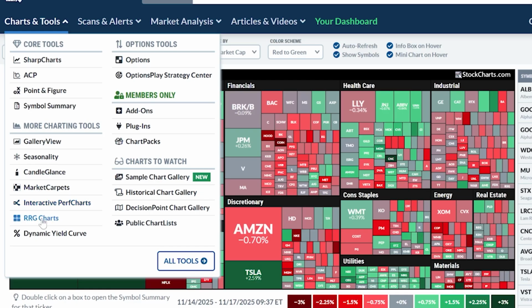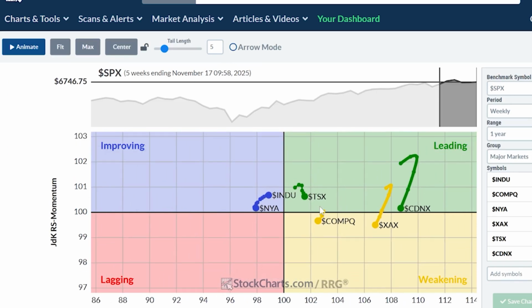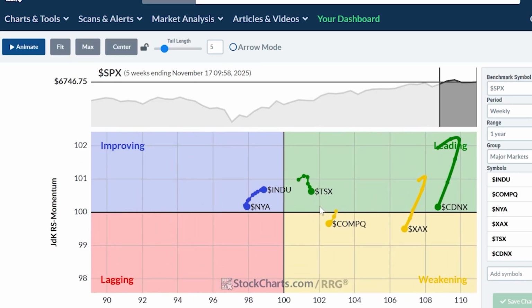And I think one of the best for that is this RRG, or relative rotational graph chart, which allows you to plot momentum over time for various tickers. So just to give you an idea of how this works, we'll look at this CDNX ticker here in green. So you can see that it has relatively strong momentum. It's in this top right corner, and that its momentum is improving over time as we go up.